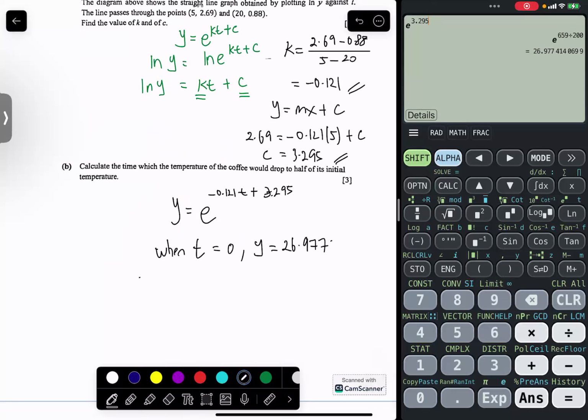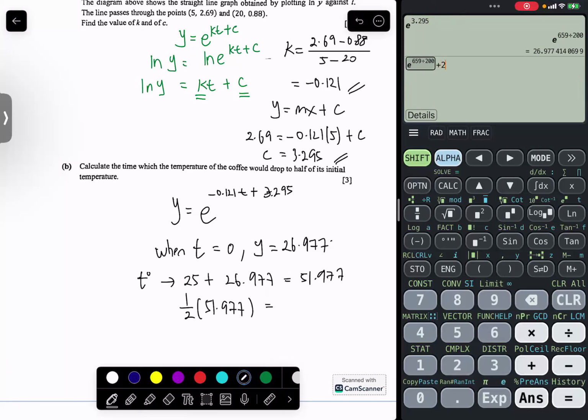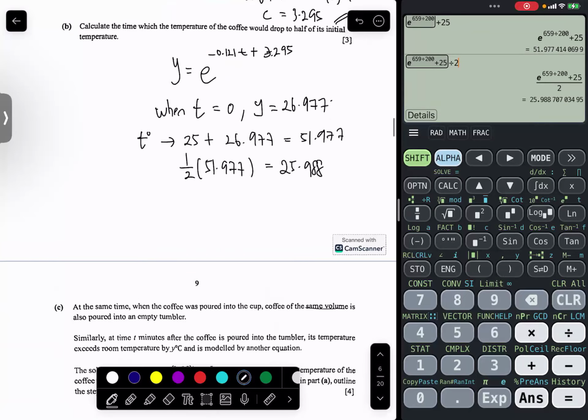That means the temperature is actually equal to 25 plus 26.977, which is 51.977. So half of it will be 25.988.